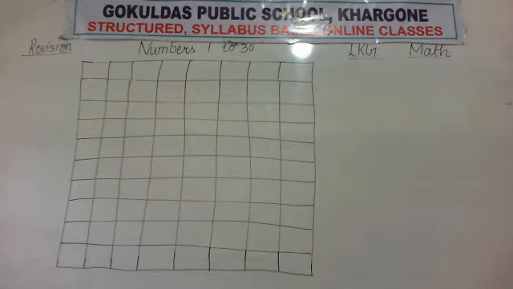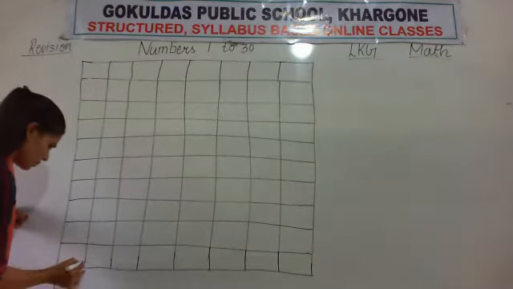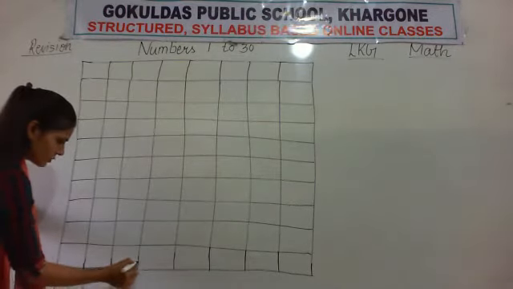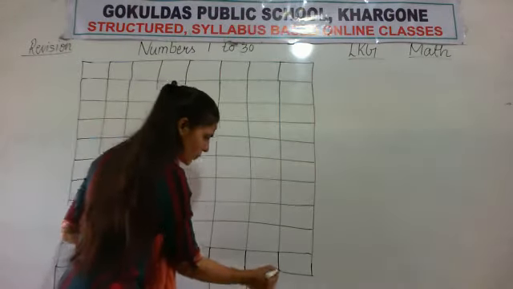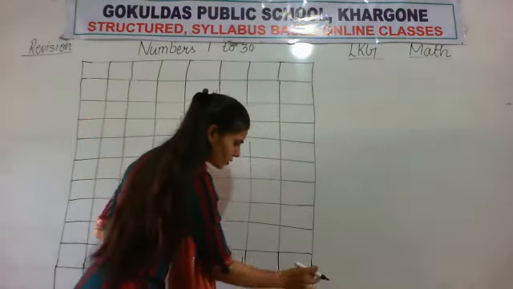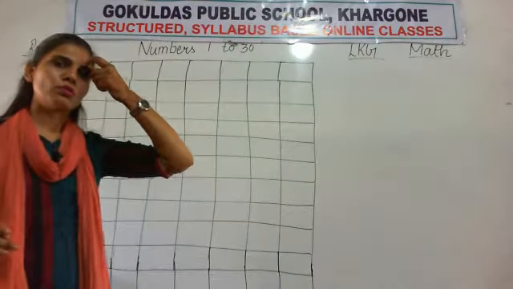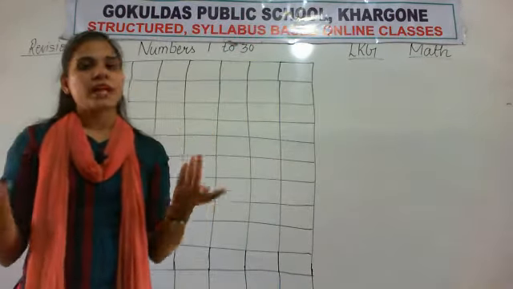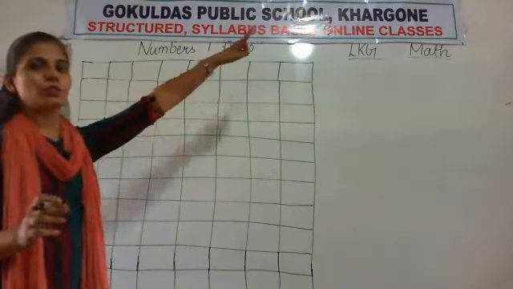How to write numbers from 1 to 30? You know about numbers from 1 to 30? So, see here. Once again I am going to teach you for your practice. Okay, so revision number 1 is numbers from 1 to 30.